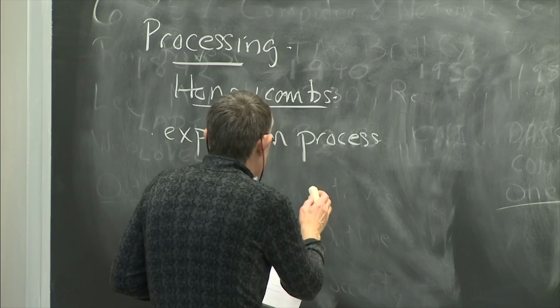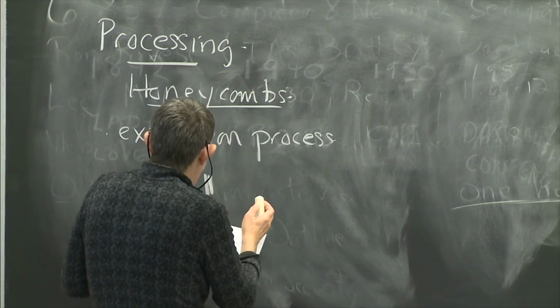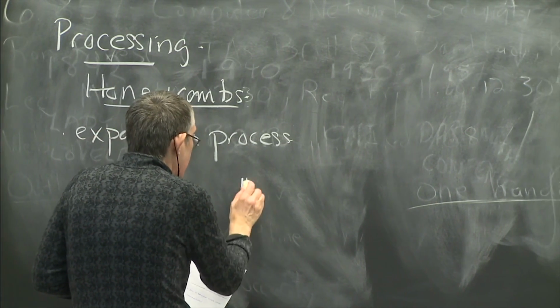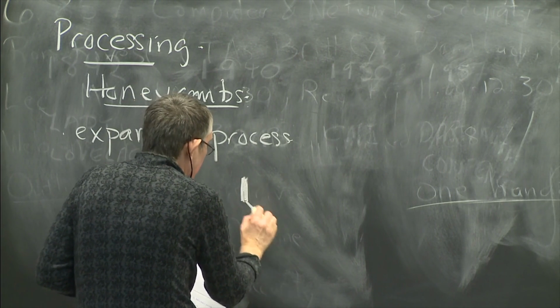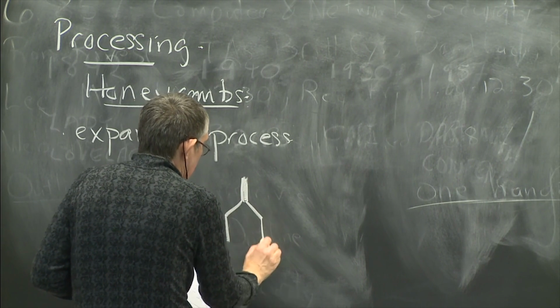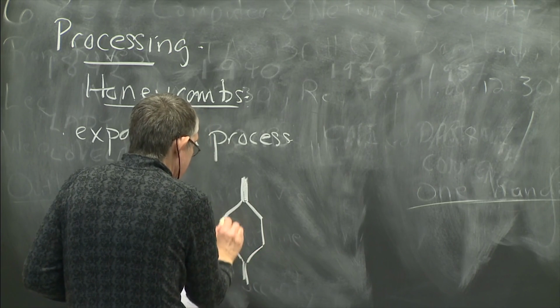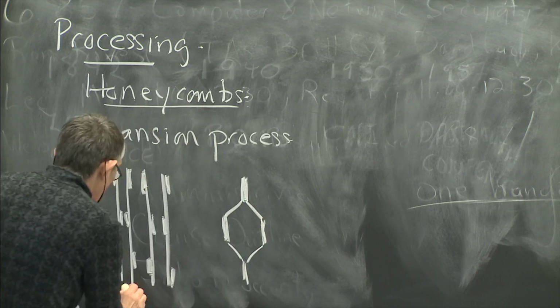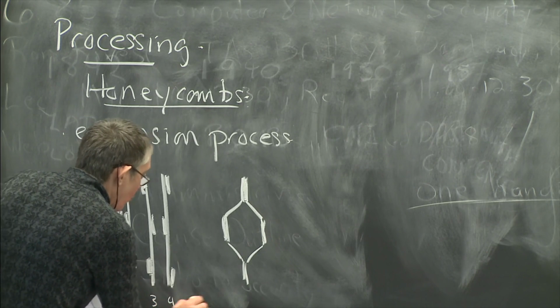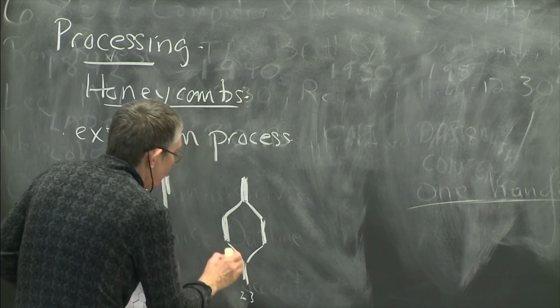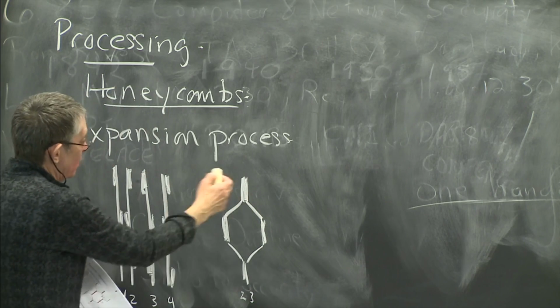And when you glue that, when you push that together and then take it apart, you've got something that looks like this. Say I called that 1, 2, 3, and 4, then this would be 2 and 3 here, okay? So this thing here is that.